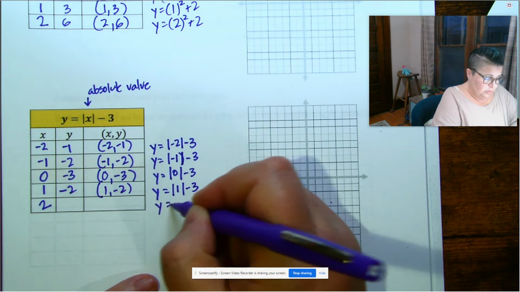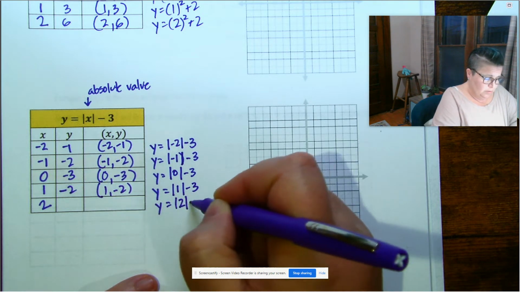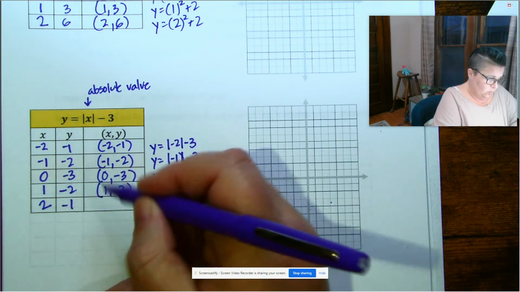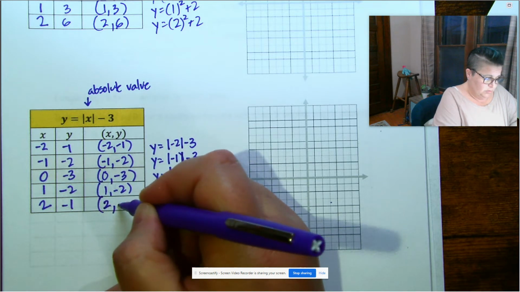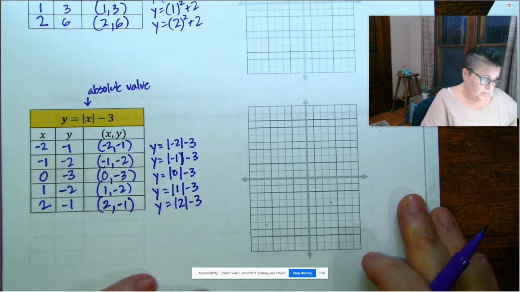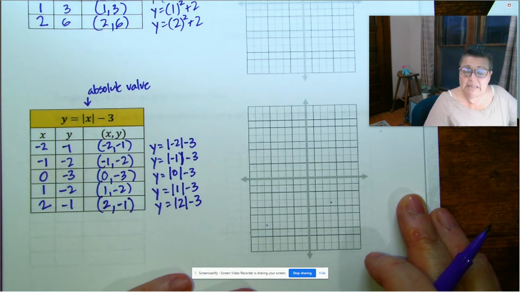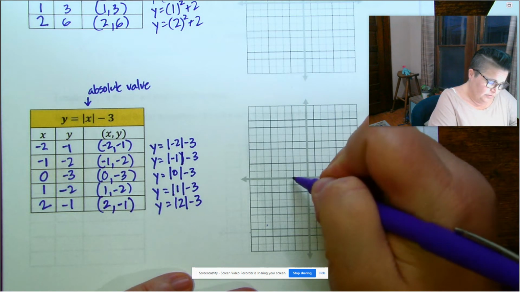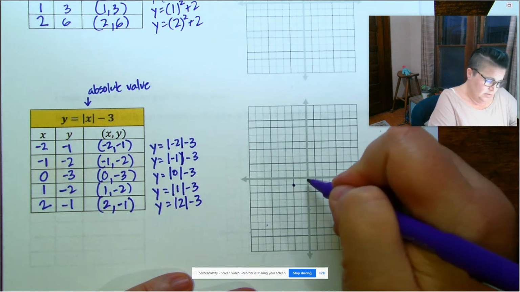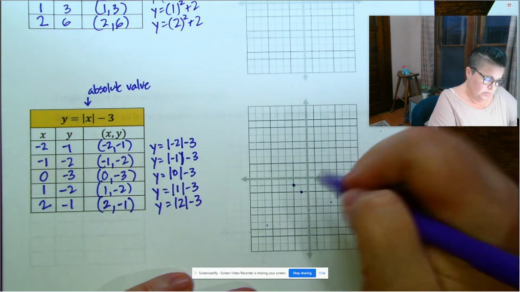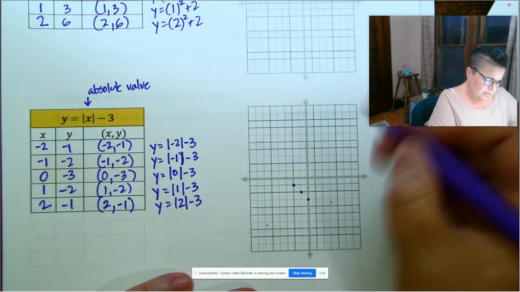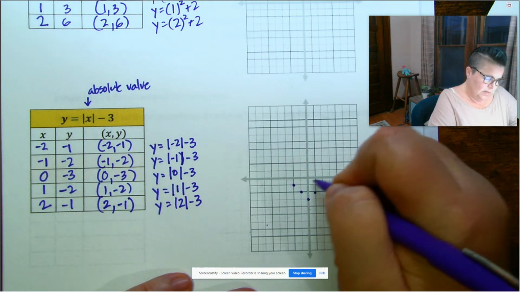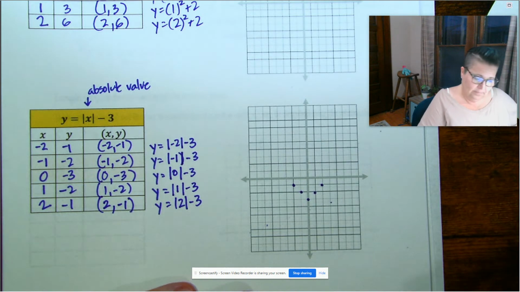And for 2, the absolute value of 2 is 2, minus 3 will be a negative 1, giving me the point 2, negative 1. Now, when I graph these, I will get a slightly different graph from the ones before. Negative 2, negative 1, negative 1, negative 2, 0, negative 3, 1, negative 2, and 2, negative 1.